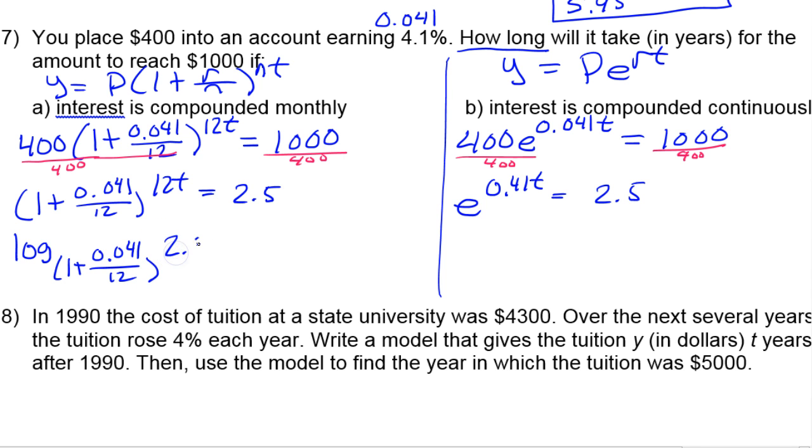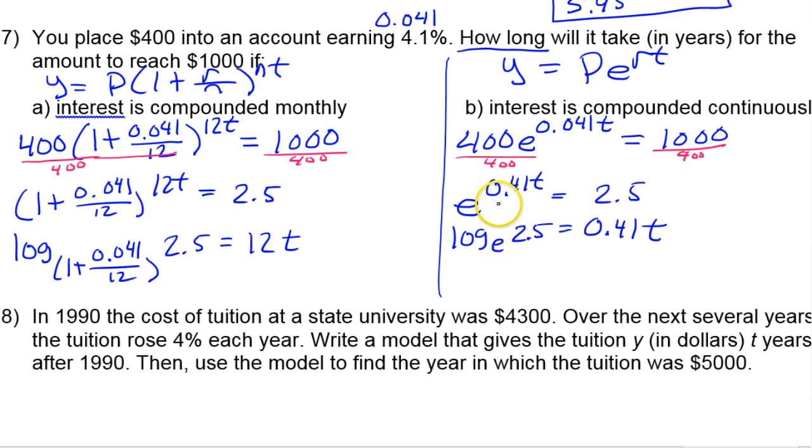And then comes the 2.5, and then equals 12t. On the other side, if I rewrite this in log form, it would be log base e of 2.5 is equal to 0.041t. And you're right, instead of writing log base e, we will put natural log.